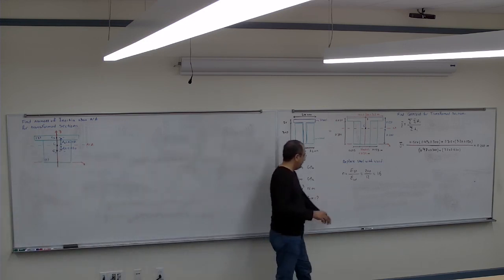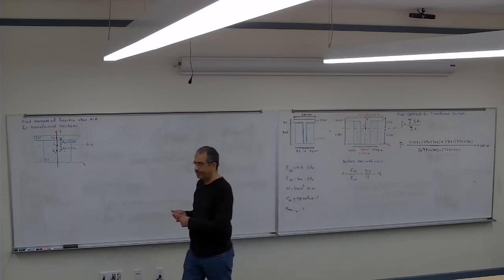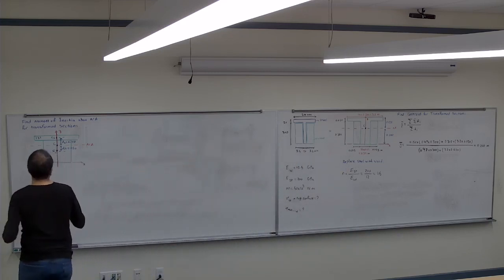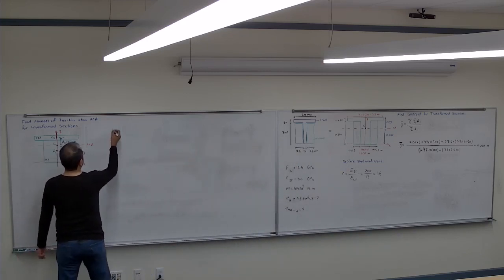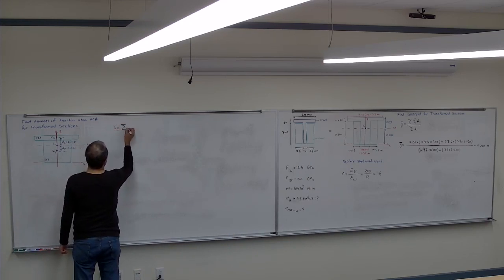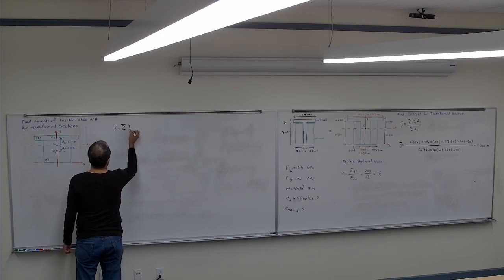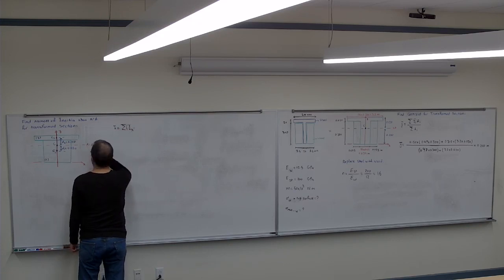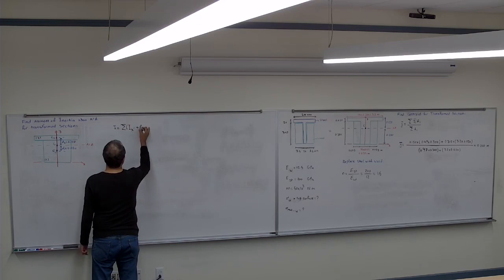Then the I is sigma of I about the axis passing through the centroid plus A d squared.